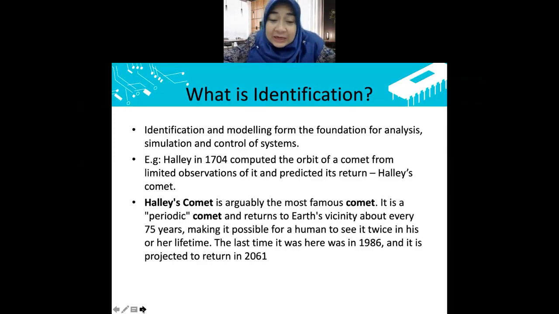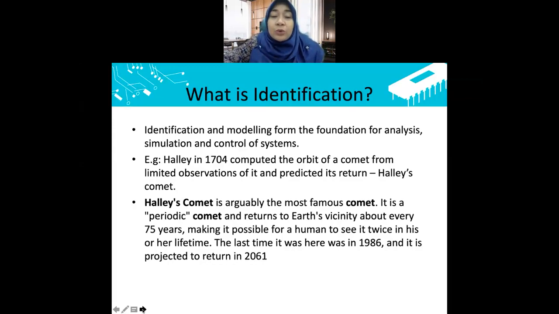I saw it in 1986. I'm sure some of you have seen it, or at least know about it because people take pictures and post them. It is also projected to come back again in 2061. So this is actually a prediction.